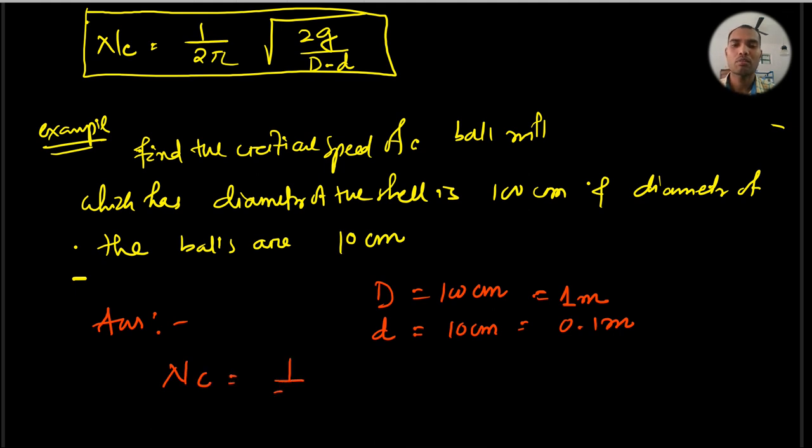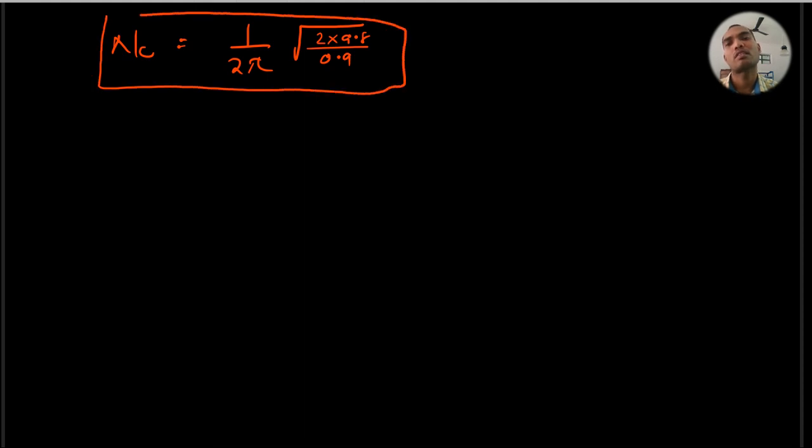NC is equal to 1 by 2 pi under root of 2 into G, where G is 9.81 meter per second square, into 1 meter minus 0.1 meter. So NC is equal to 1 by 2 pi under root of 2 into 9.8 by 0.9. If you calculate, then we will get the value of NC.